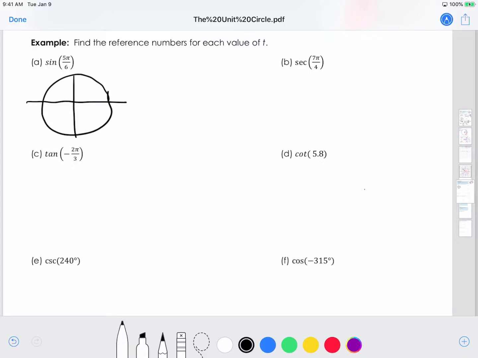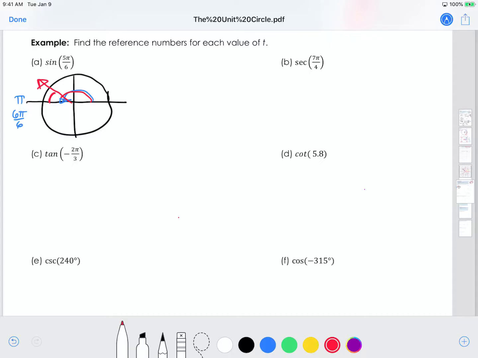For the angle 5 pi over 6, 6 pi over 6 would be pi, which would be here, or I can write it as 6 pi over 6. That would be if I sweep open to the negative x-axis. But 5 pi over 6 is pi over 6 radians short of hitting that negative x-axis.